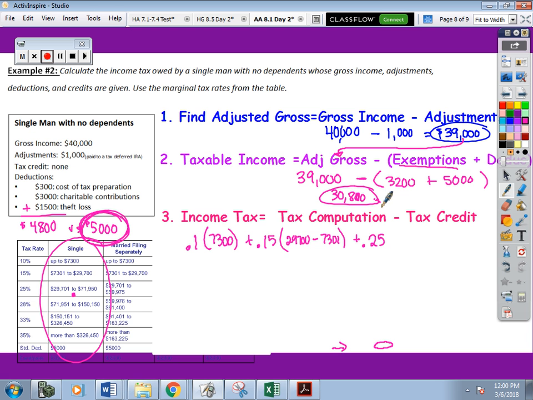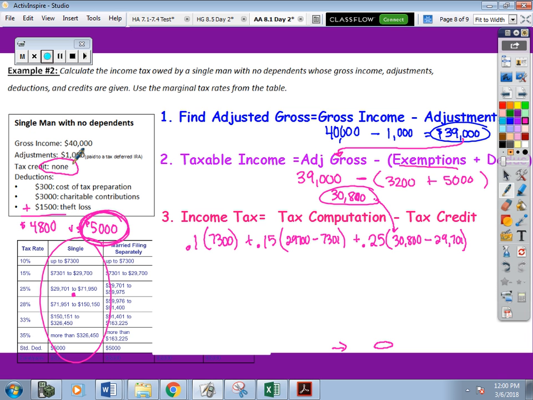So this is going to be the upper bound in your calculation. So we'll have 30,800 minus the lower bound, which is 29,701. And we have no tax credit given to us, so we're not subtracting anything at the end. So we just run those calculations in our calculator.